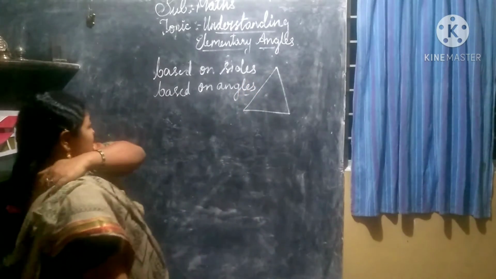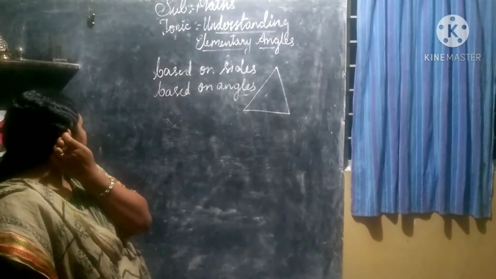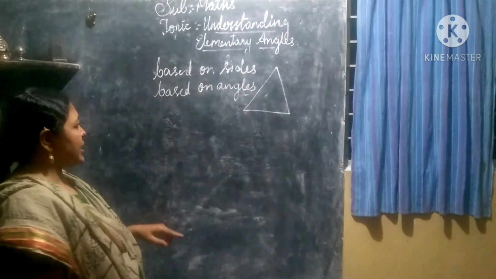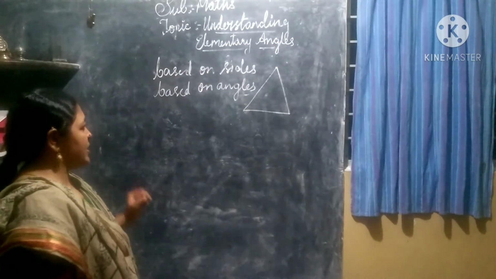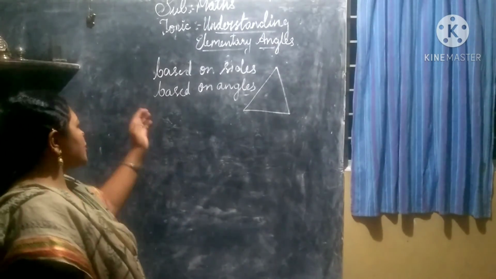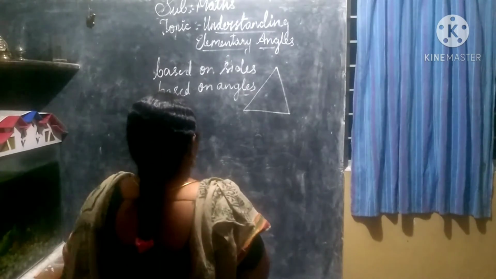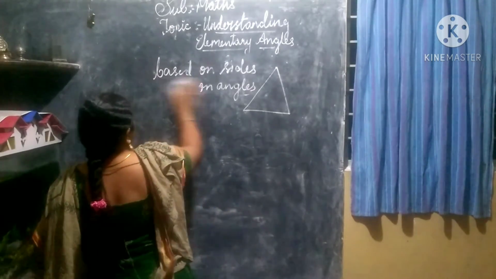So the classification of triangles is done under 2 cases, that is based on sides and the other one is based on angles. So first let us look into what is based on sides.